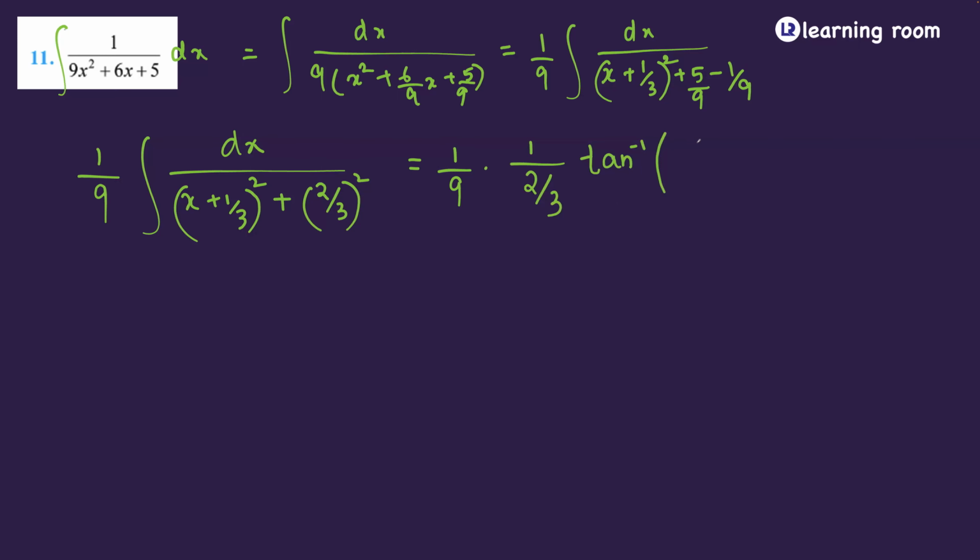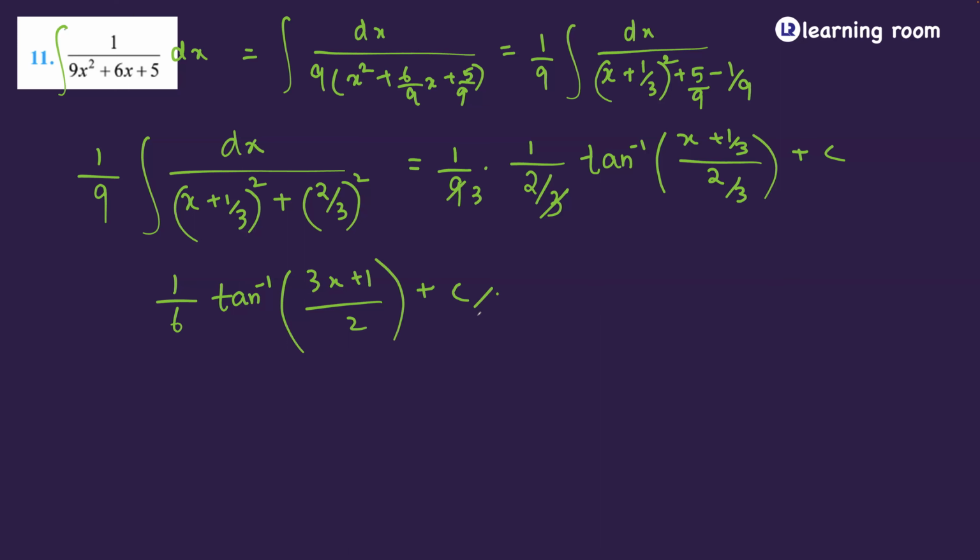So it is going to be (x plus 1 by 3) divided by 2 by 3, plus c. This 3 will cancel this 9 three times. So what are you going to get? You will get 1 by 6 times tan inverse of (3x plus 1) by 2 plus c.